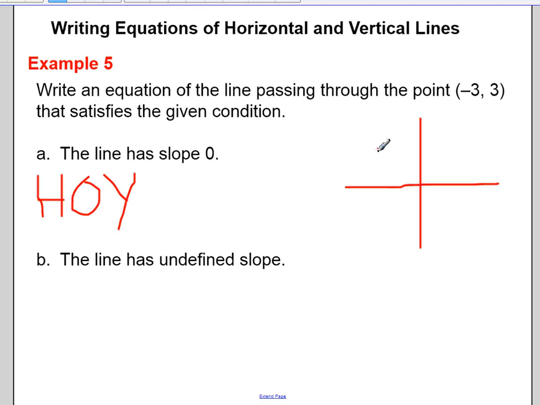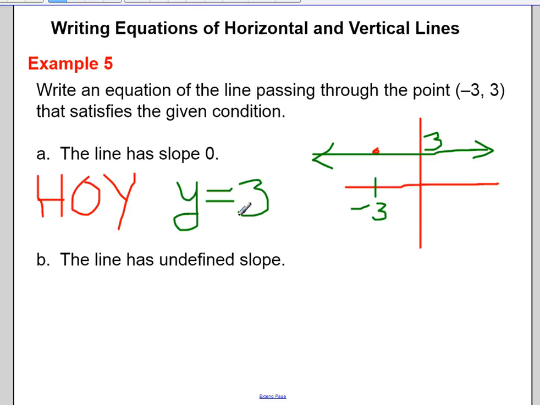The horizontal line would go through this x value of -3 and the y value of +3. So the equation of a horizontal line is always in the form y equals. In this case, the y value of the point is 3.